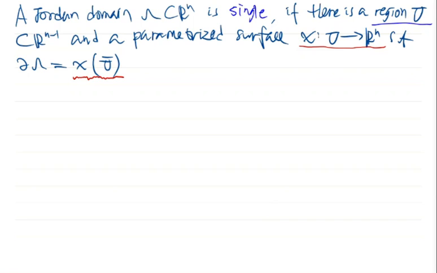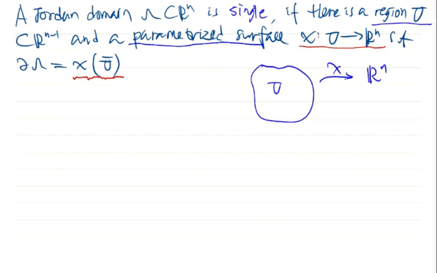Okay, here is the explanation. U is open, that's right, and X maps to Rn. But as a parametric surface, the derivative of X is bounded by definition.